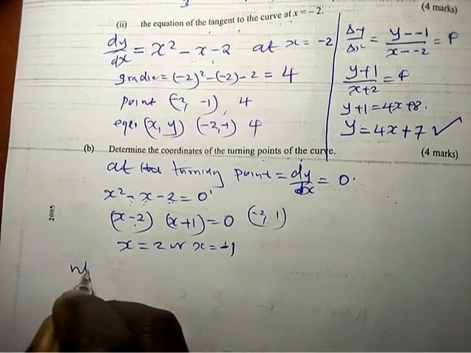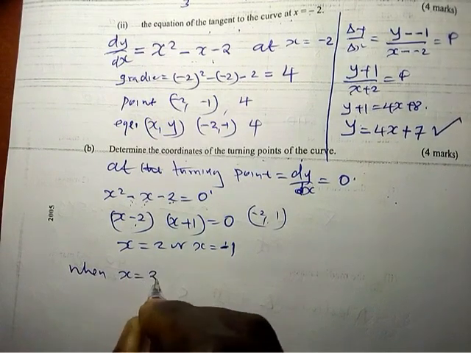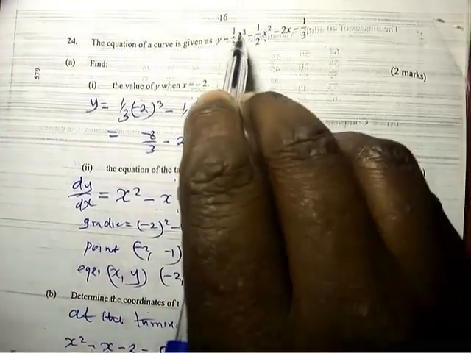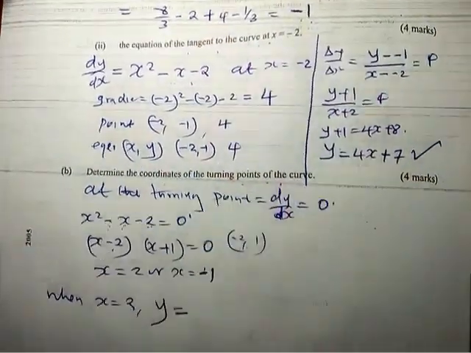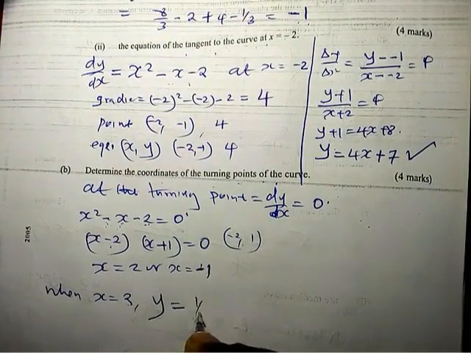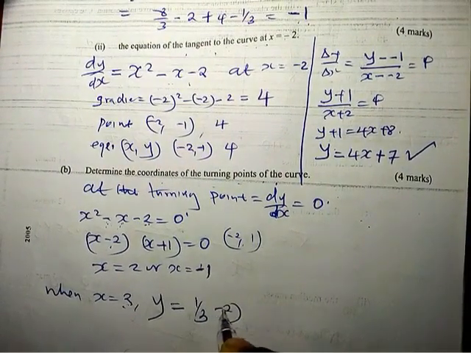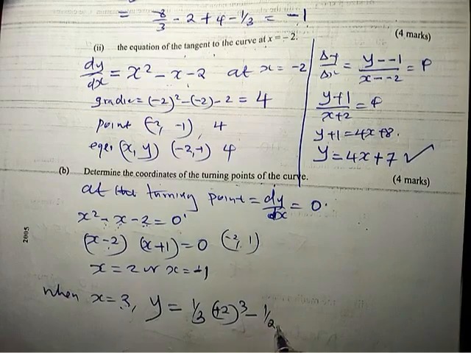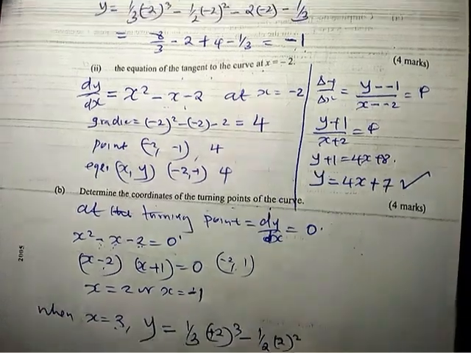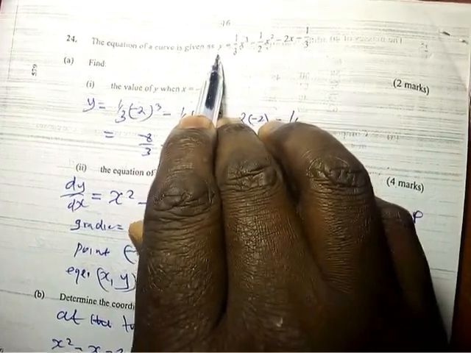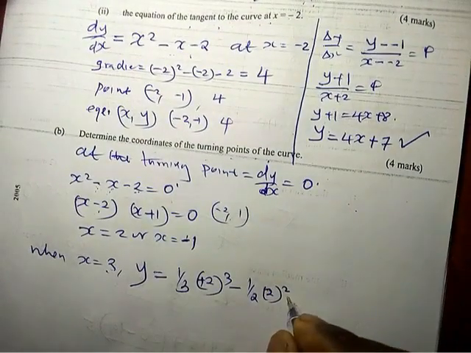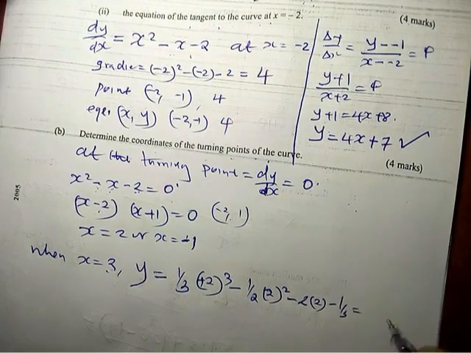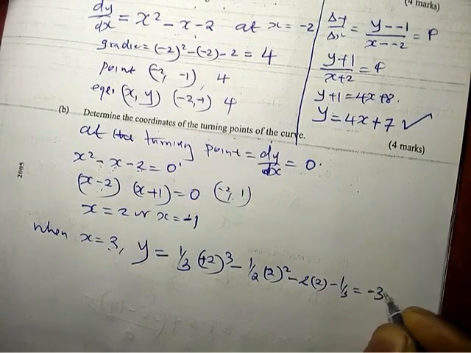So when x is equal to 2, you substitute this 2 in this equation to get the value of y. It will be 1 over 3 times 2 cubed, minus a half times 2 squared, minus 2 times 2, minus 1 over 3, and it gives negative 3 and 2 over 3.